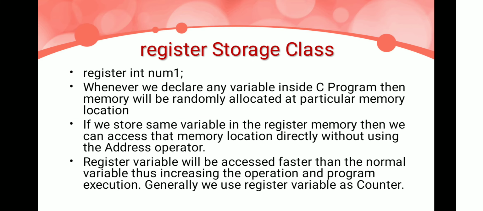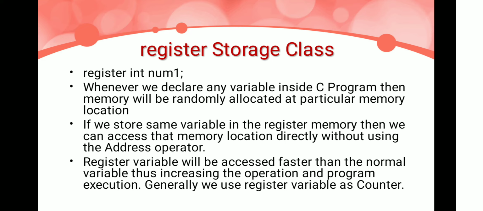And if you take the next one, register, this is going to be a different case. Here we have to declare the variable by using the keyword register. Whenever we declare a variable inside a program, the memory will be allocated at a particular location.